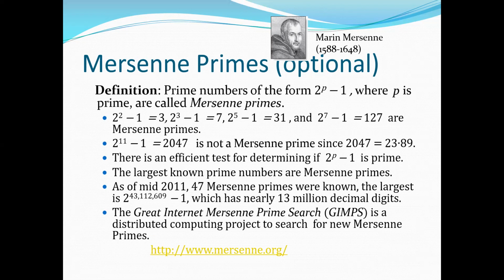For example, when we substitute 11 to our equation, 2 raised to 11 minus 1 is 2047, which is not a prime number since we have other factors aside from 1 times 2047. We have 23 and 89 to yield 2047. So therefore, the result is not a prime number. Therefore, this is not a Mersenne prime.